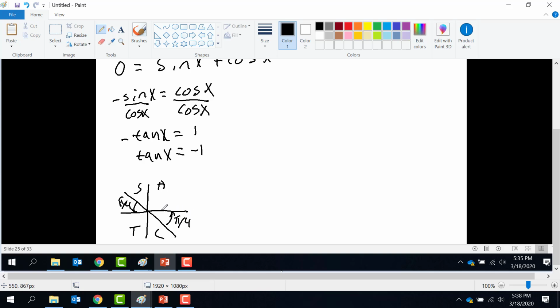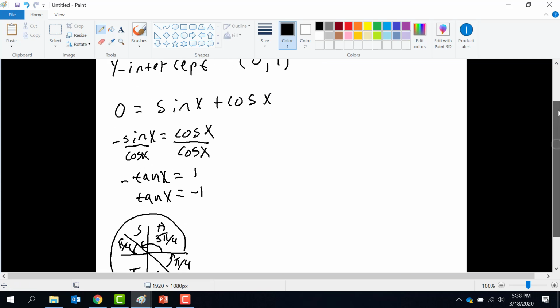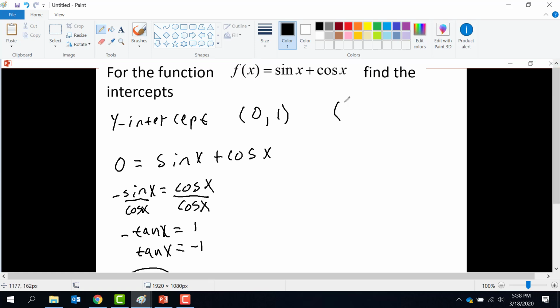That means that your angle from here to here is 3π/4, 1/4 away from π, and then this one over here is 7π/4, 1/4 away from 2π. So your x-intercepts happen at (3π/4, 0) and (7π/4, 0).